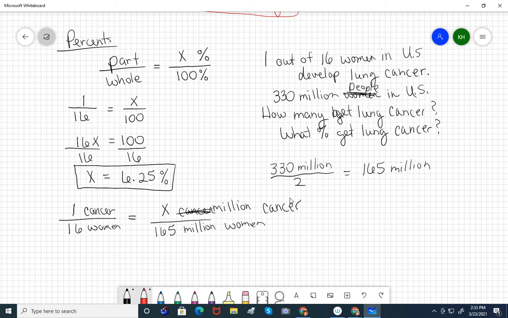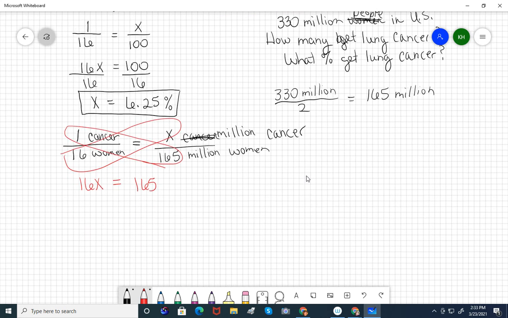I multiply 16 times x, and then I multiply 1 times 165. I'm ready to divide. Divide by 16, divide by 16. And that comes out to be about 10.3 million women with cancer.